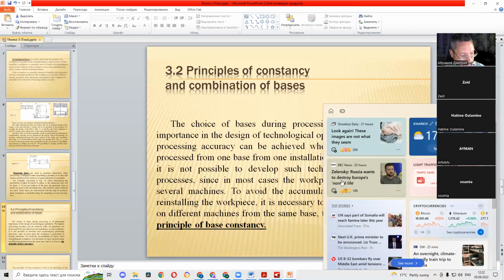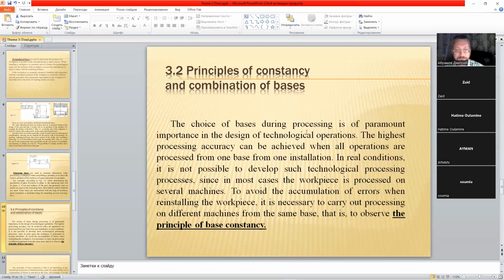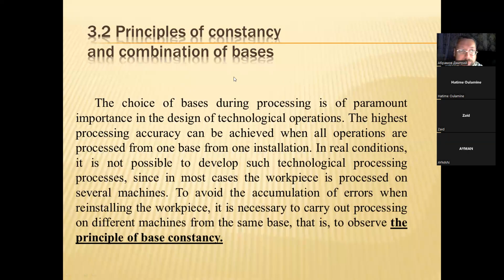We start at 12:30. 5 minutes break. Item 3.2, principles of constancy and combination of bases.